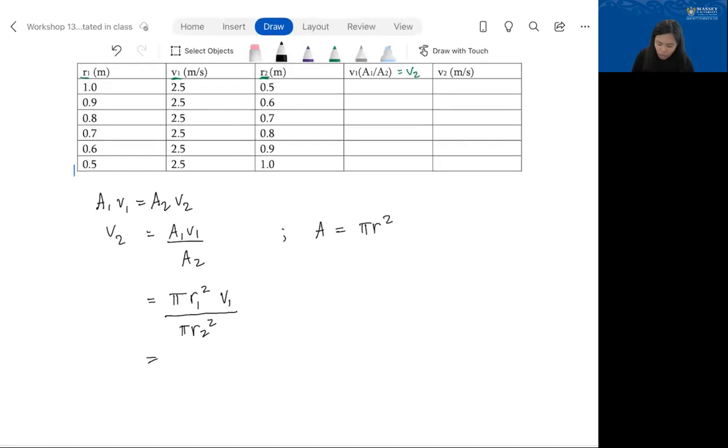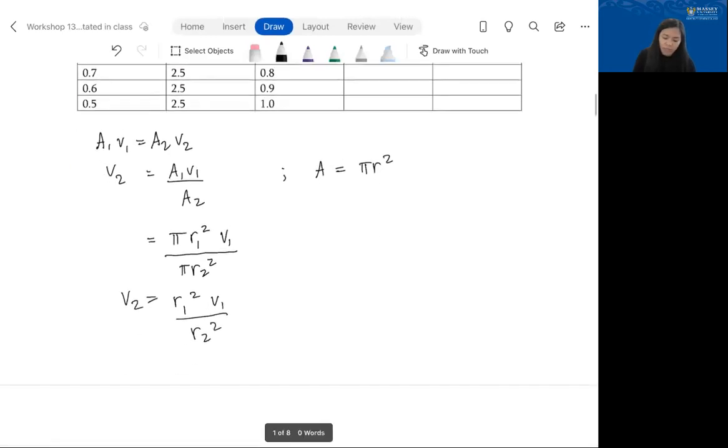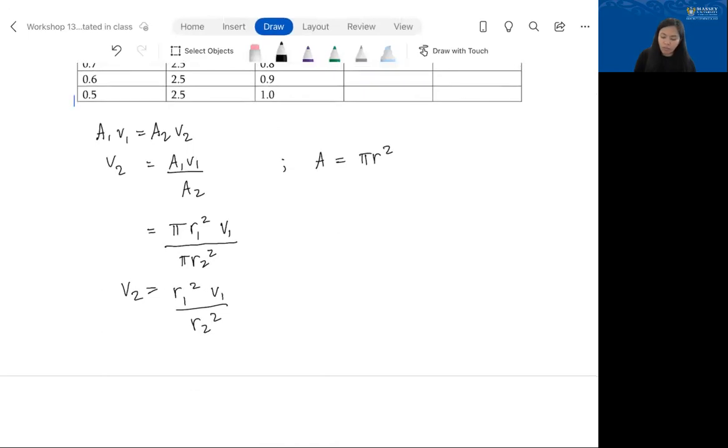So that reduces to R1 squared V1 over R2 squared. That's equal to V2. And that's why, given the radii, you can directly solve for V2 without calculating for the area. So it's just the ratio of the radii squared multiplied with V1.